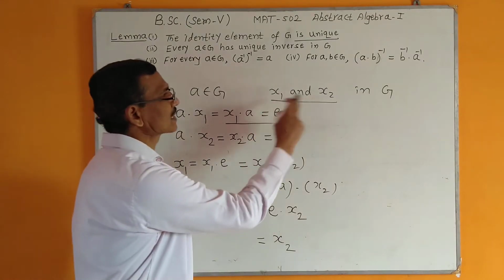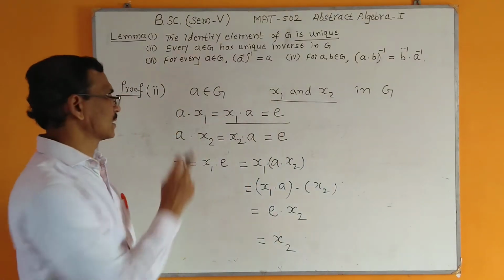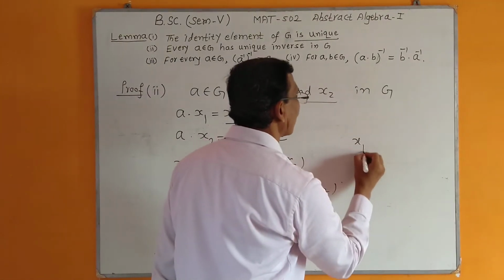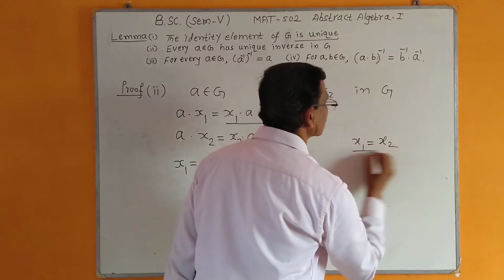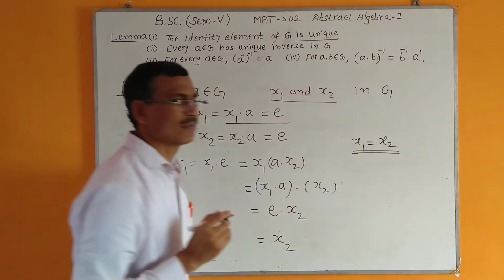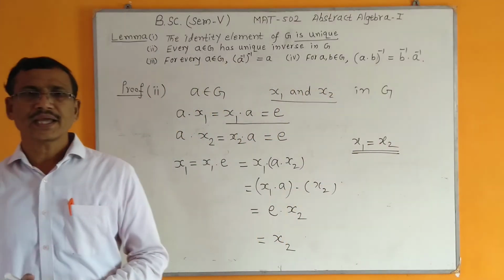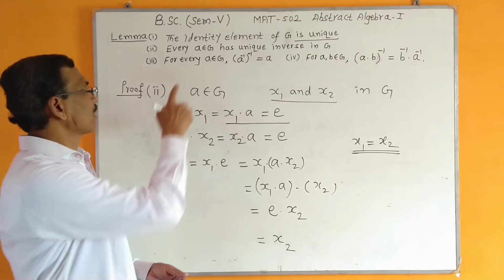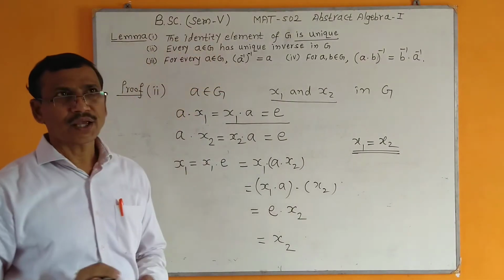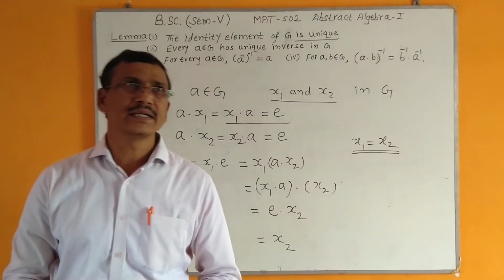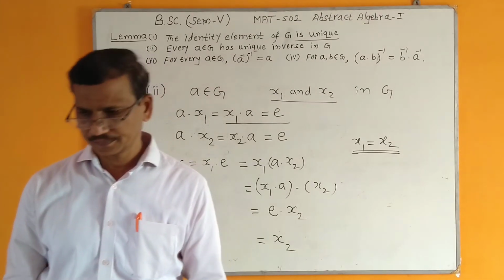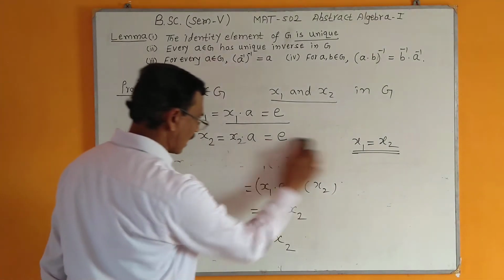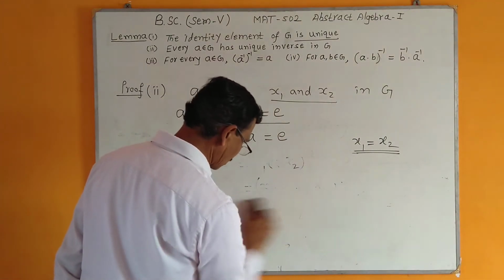So by taking x1 and x2 as two inverses of the element a belonging to G, we are able to prove that x1 is equal to x2. That means a has a unique inverse. In general, every element of the group G has a unique inverse in G.